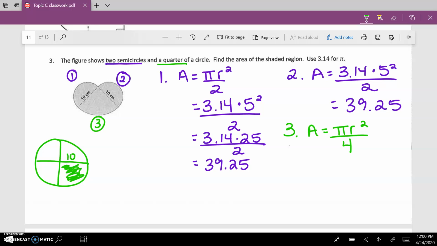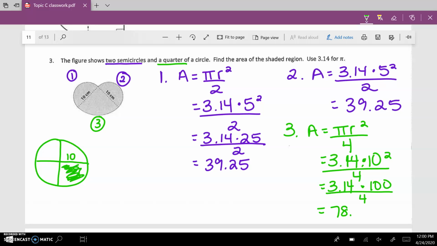Remember, they said this line was 10 centimeters, so that's going to be our radius of our quarter circle. So we're going to have 3.14 times 10 squared divided by 4. This would be 3.14 times 100 divided by 4, and you would get 78.5. There really is no other option for you to do that one because there's only 1 quarter circle.